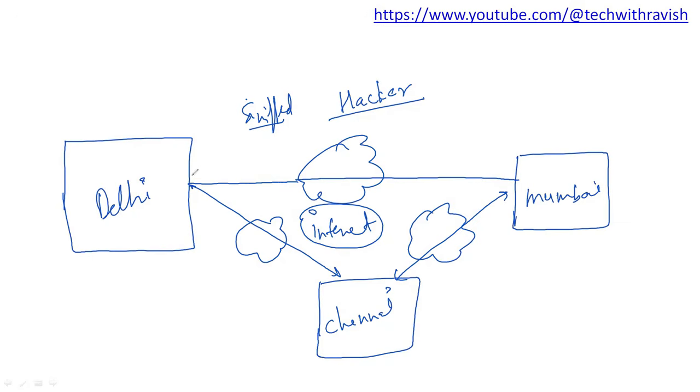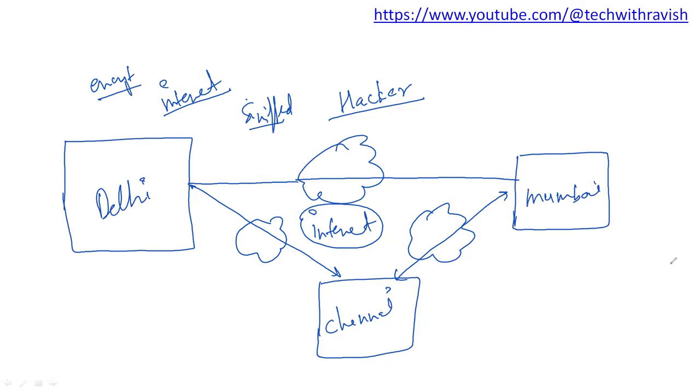My information can be captured if I use the internet directly, right? Without using an encryption or security method, my data can be captured by anyone over the internet.